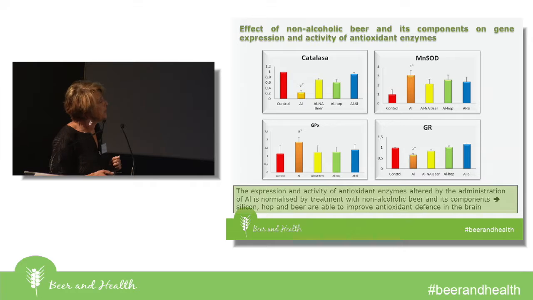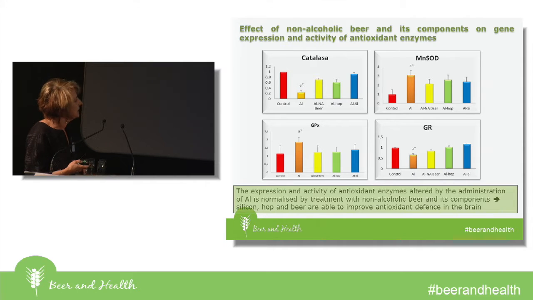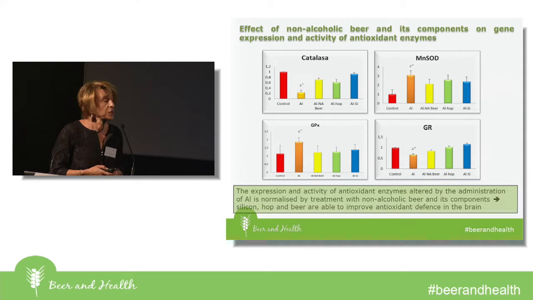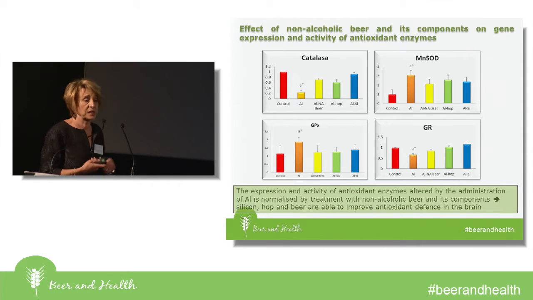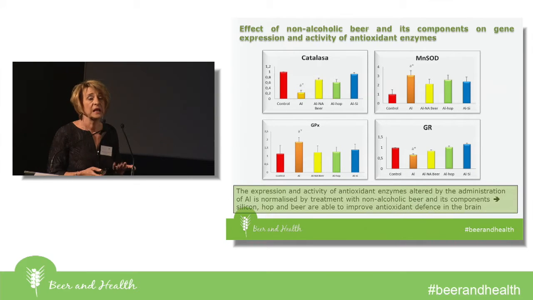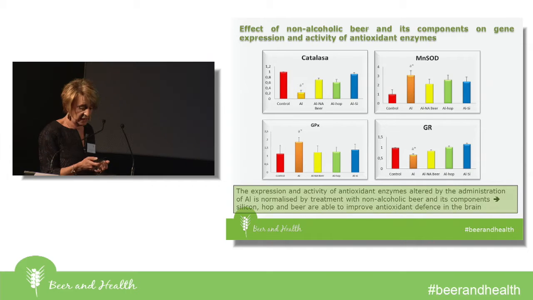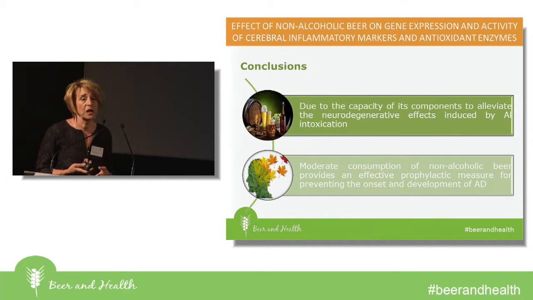Lastly, we wanted to analyze the gene expression and activity of antioxidant enzymes. We can see the results here, and we can see that intake of non-alcoholic beer normalizes these enzyme activities, and thus we could say that non-alcoholic beer and its components could evidently improve antioxidant defense in the brain.